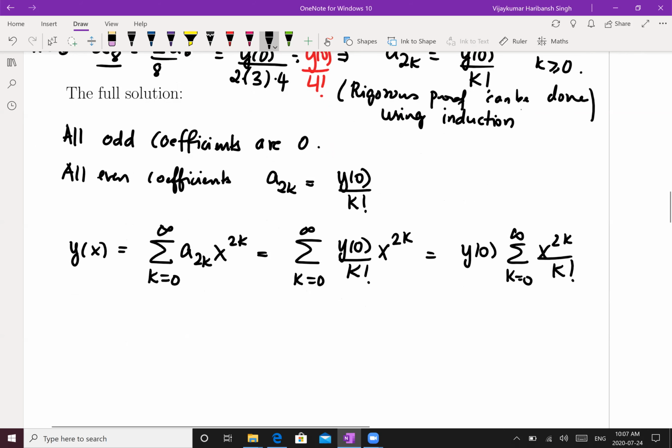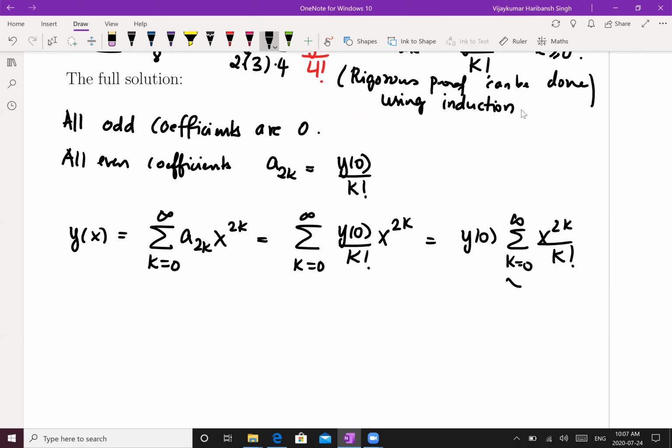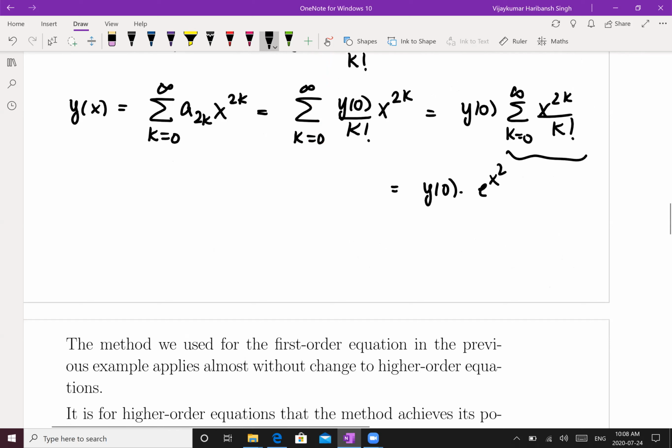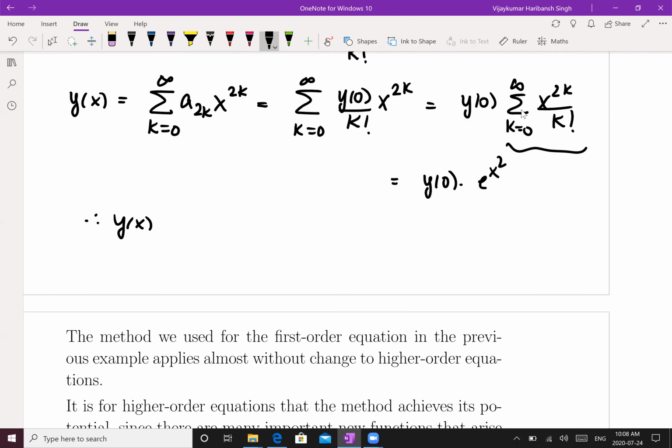And if you recall, this is the formula for e to the power x squared. So therefore, y of x equals y0 e to the power x squared.